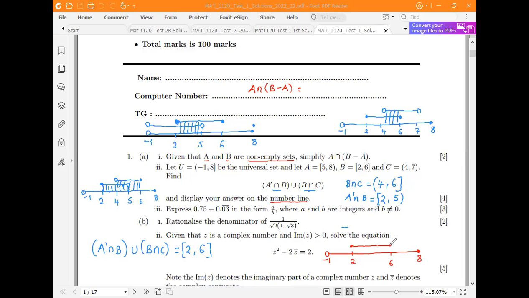But let's go back up there and simplify. So we have A intersection B intersection A complement. So to get rid of the minus, intersection complement. So now we have A. So when there's intersection, you are free to even remove the brackets.